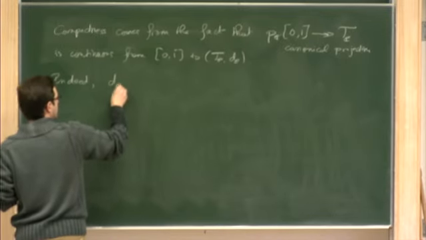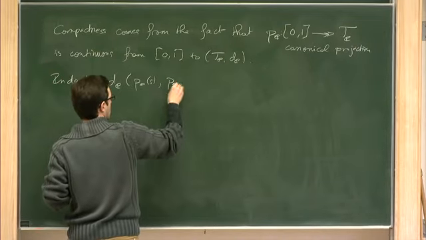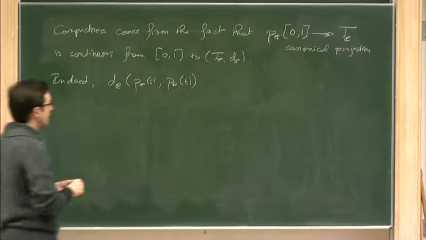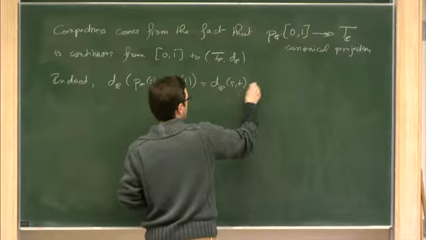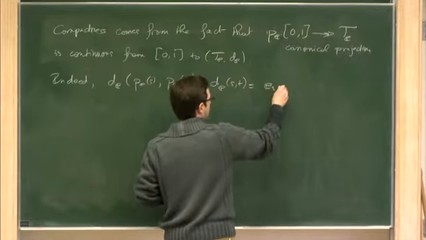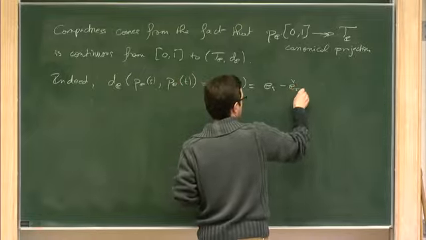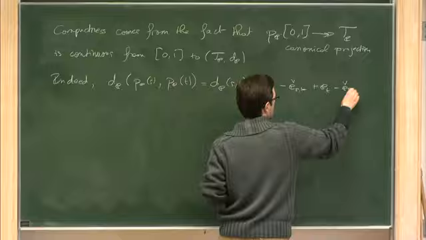Let's look at the distance between the projection of S and the projection of T. By definition, it's nothing but dE of S, T, and that's E of S minus E check S,T plus E of T minus E check S,T.